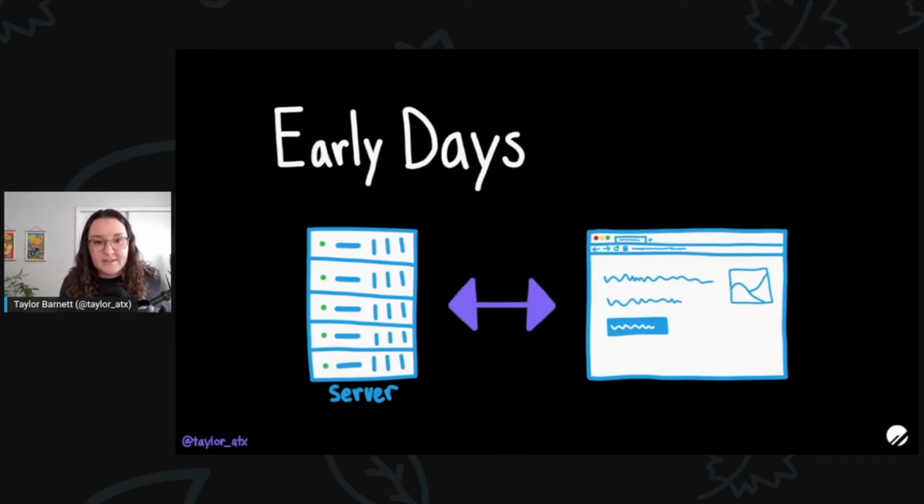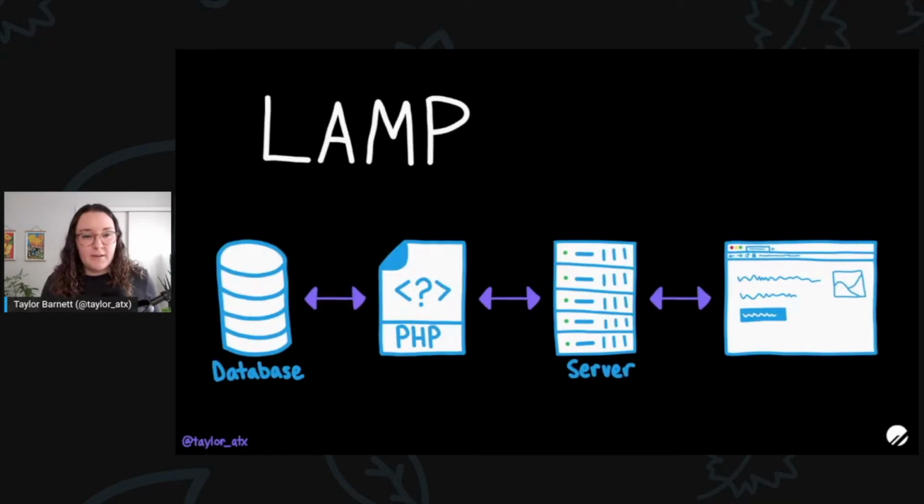All of these build up to what Jamstack is today. In the early days, we had a browser that acted as a client for the user. We requested a page, it went to the server, got that page, returned it, and the HTML was rendered in the browser. Then we started wanting more complicated programs, so we added a PHP program, and that PHP program needed to connect to a database server.